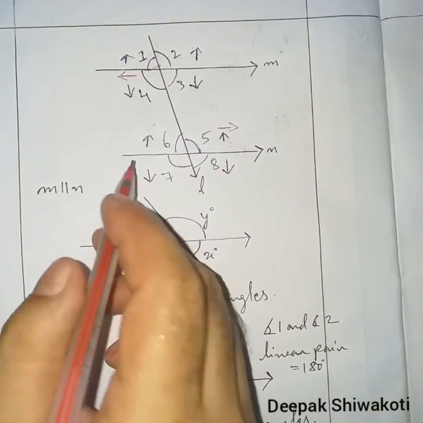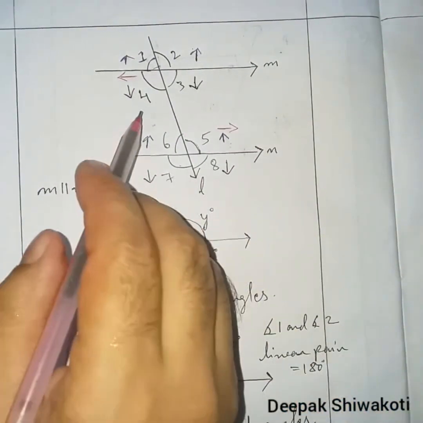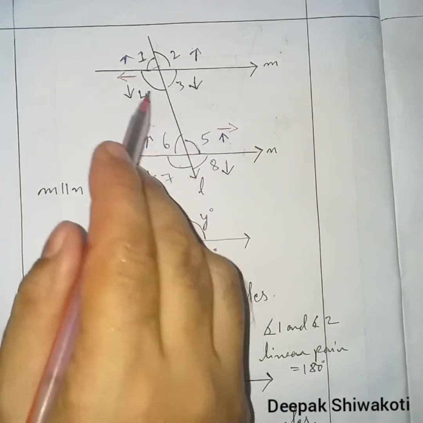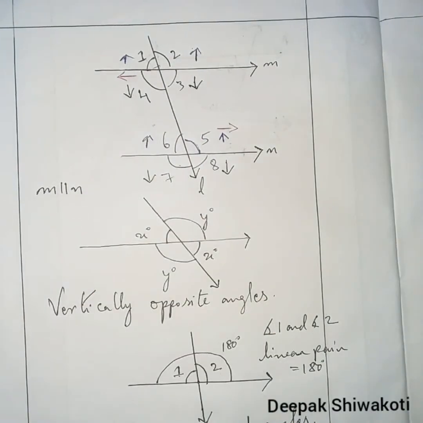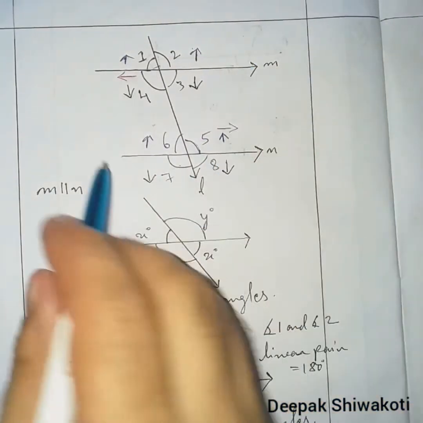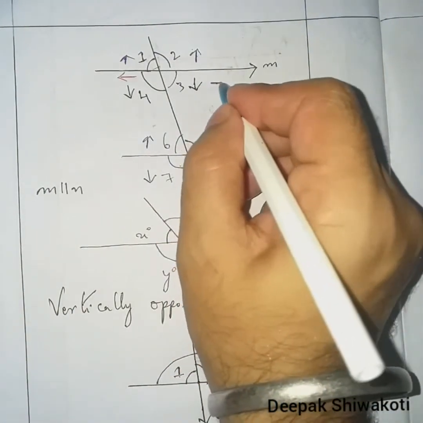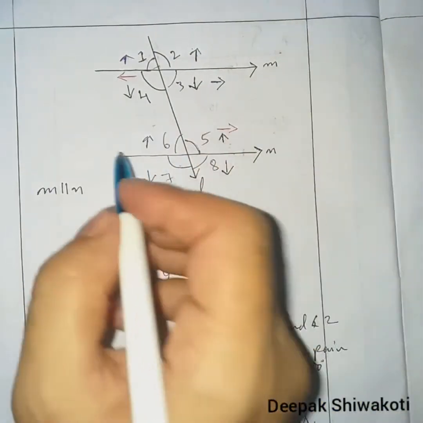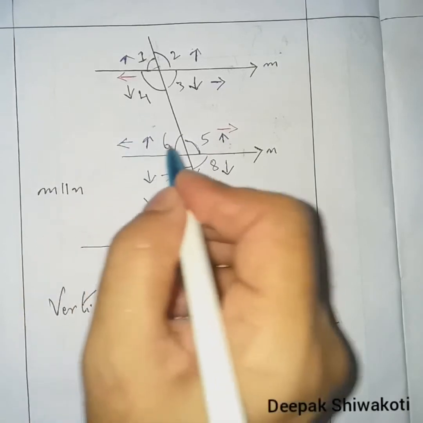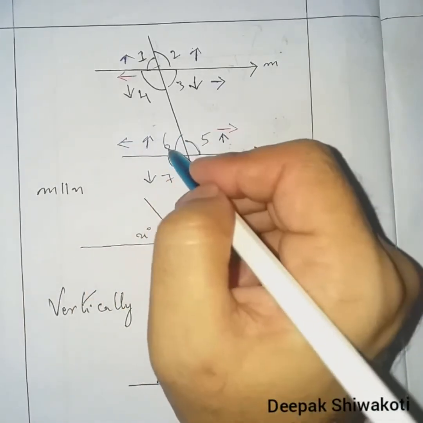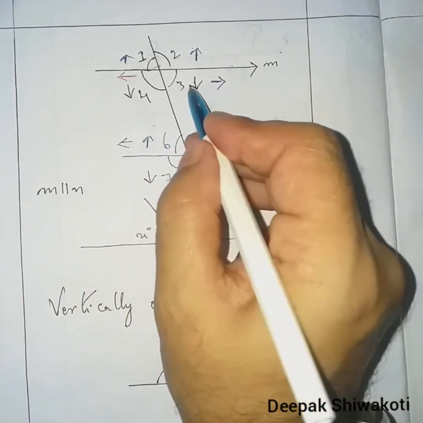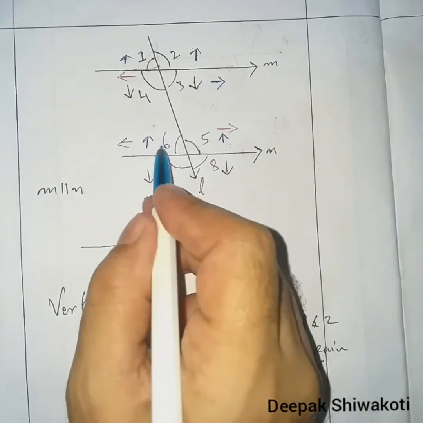Here many alternate angles are there. 4 and 5 is one alternate pair, and 3 and 6, you can see this, these two are alternate to each other. This is facing this side, this is facing this side.